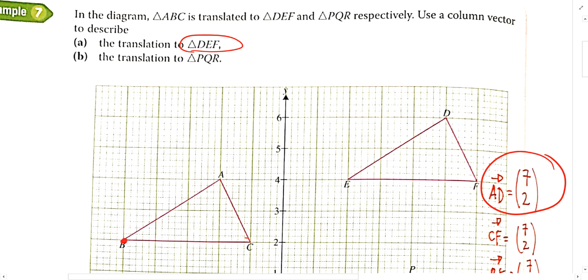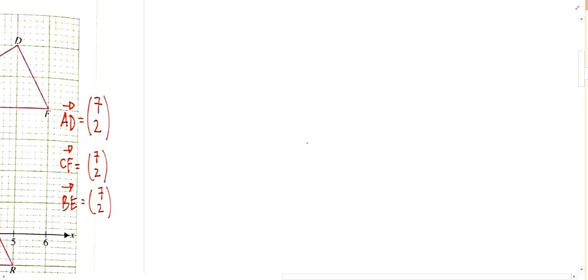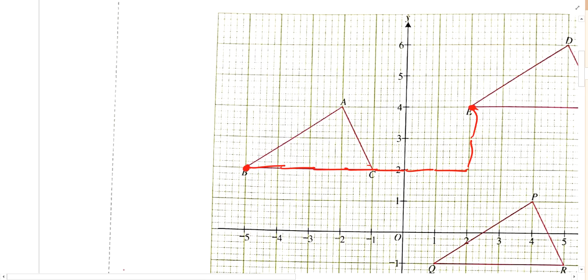If you look at B, it moved to E, right? How many units to the right? 1, 2, 3, 4, 5, 6, 7. And 1, 2. It's the same. CF is (7, 2). Likewise, BE is also (7, 2). So this fulfills our definition of translation.